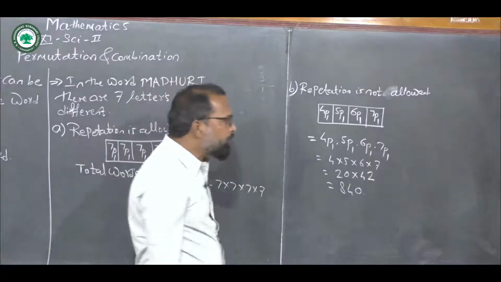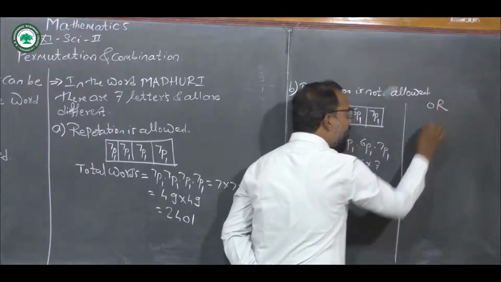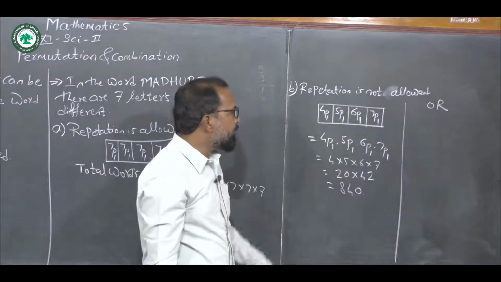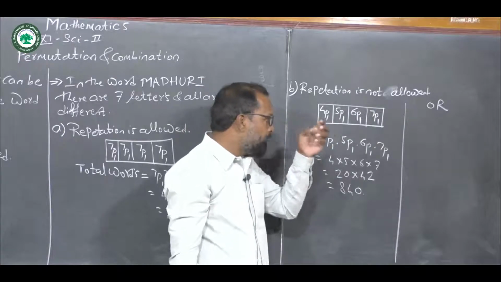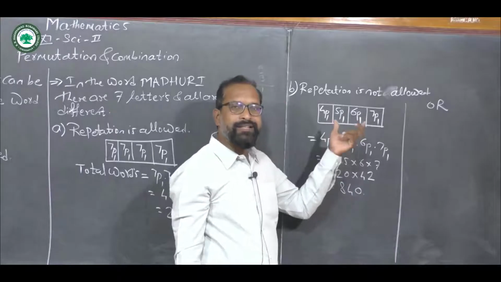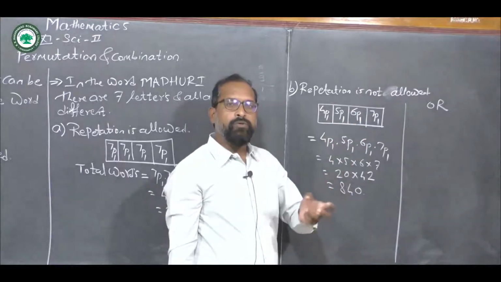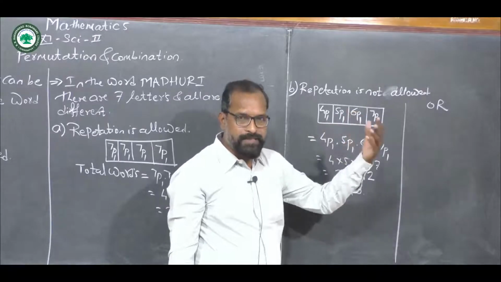Or, another way is: since there are 7 letters and we have to make 4-letter words, indirectly we can say that we have to arrange 4 letters from these given 7 letters.